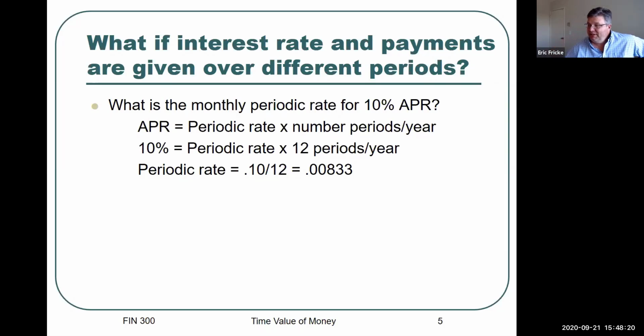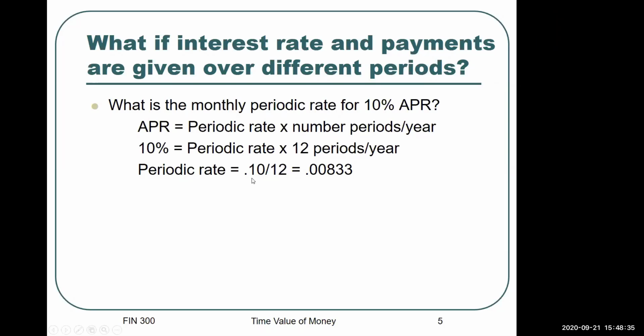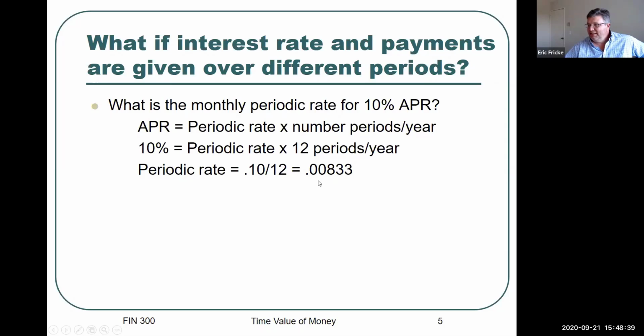But you'll see here what the periodic rate basically is. It's basically the APR divided by the number of periods per year. So we were quoted 10% APR, right? Here's 10%, and there are 12 months per year, so that's the monthly interest rate right there. So, thank you.